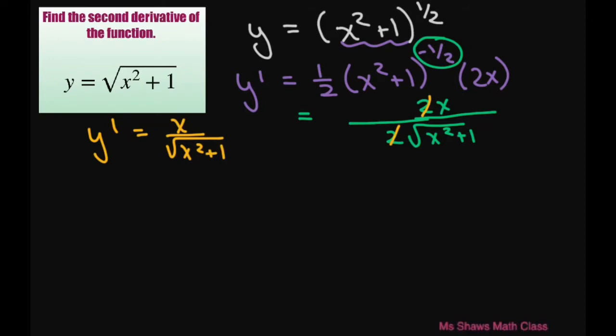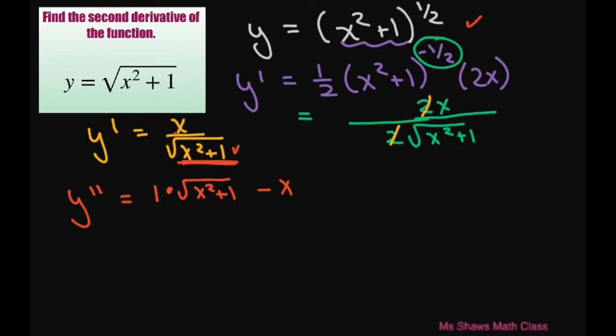So the setup is we're going to do y double prime equals, you take the derivative of the numerator, which is 1, times the denominator, which is x squared plus 1, minus your x, times the derivative of this. And we already know what this is. We already did it.